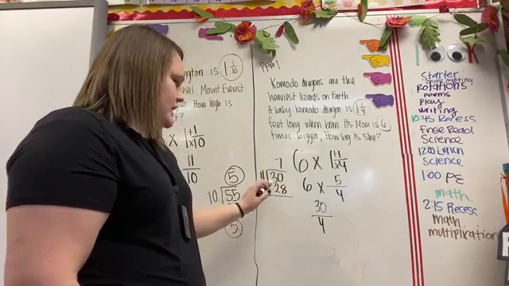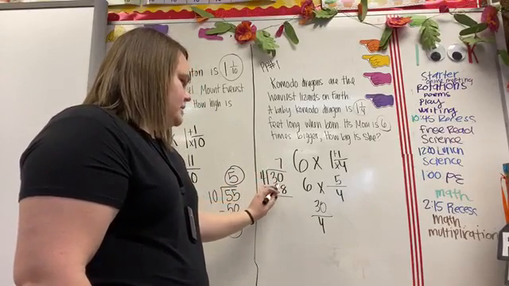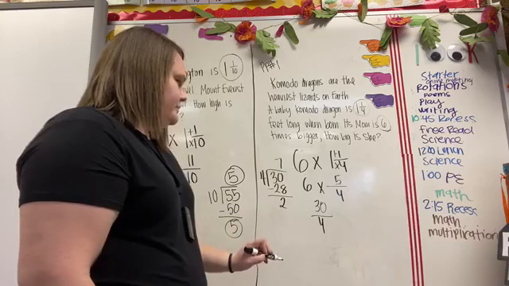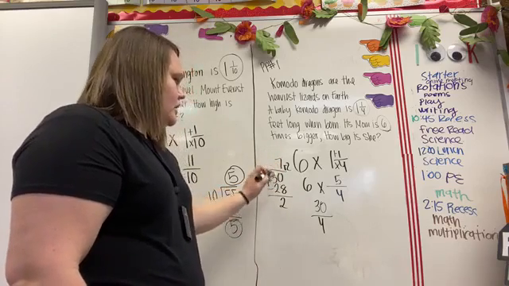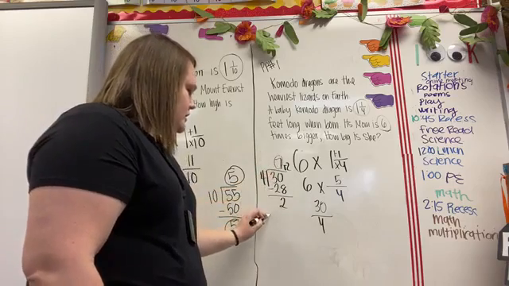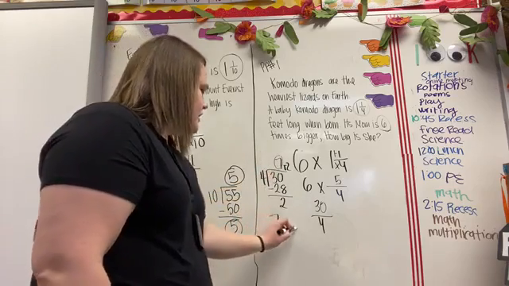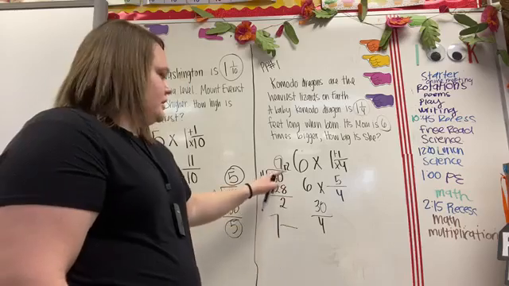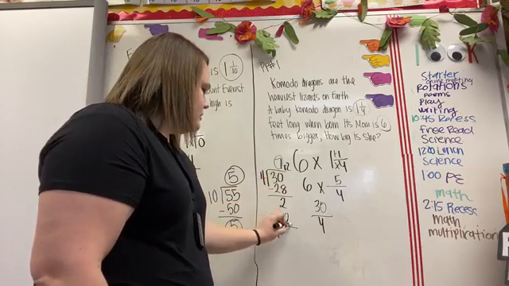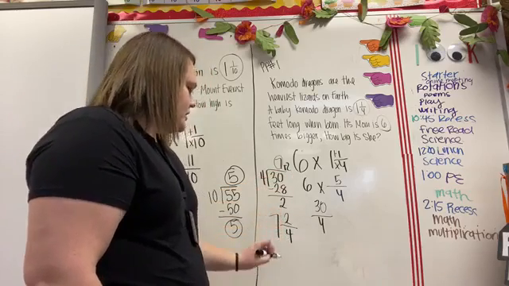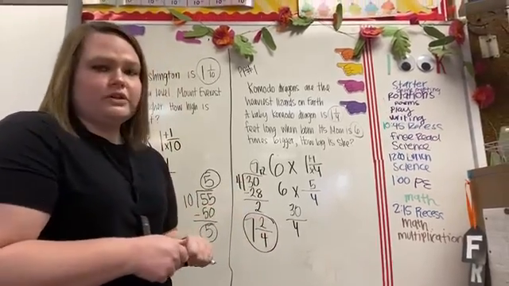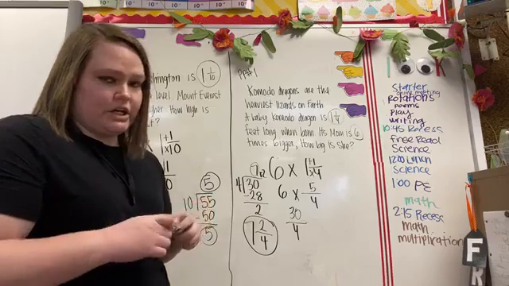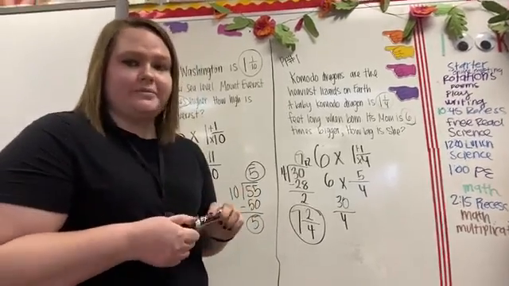And when I subtract that, 30 take away 28 is 2. So I have remainder 2. My whole number is 7. And then on my fraction, I have my remainder, so 2 over 4. So she is 7 2/4 feet long, 6 times bigger than the baby Komodo dragon.